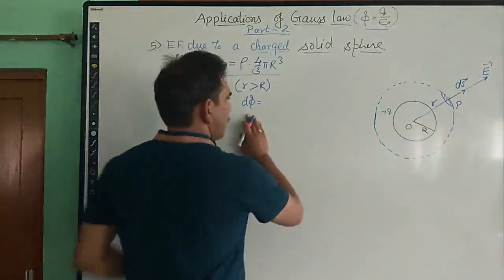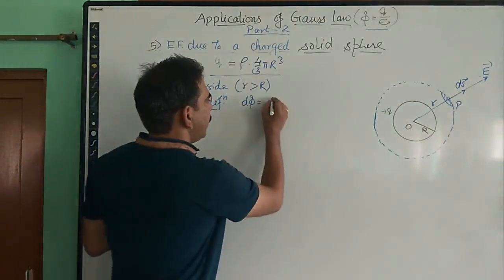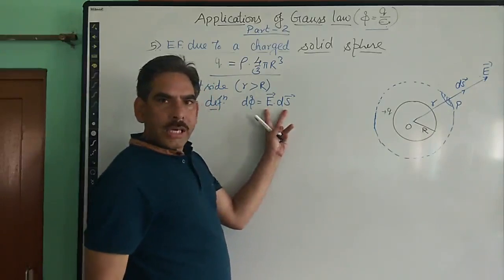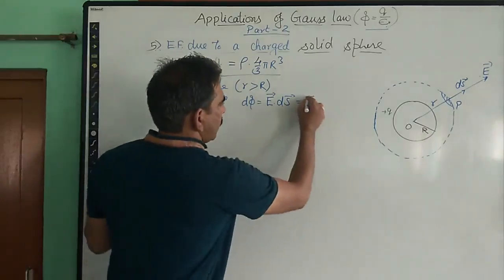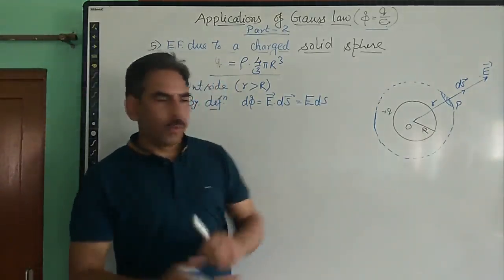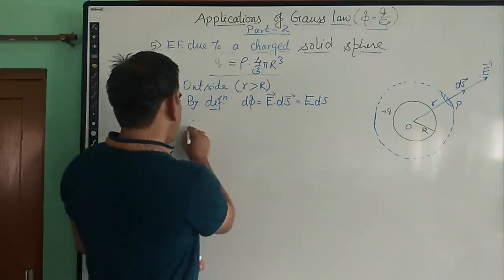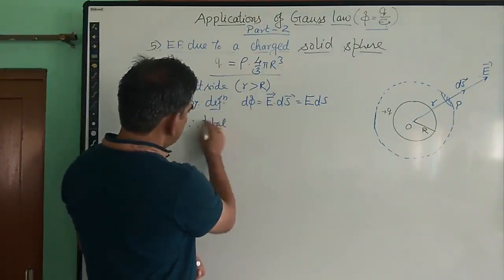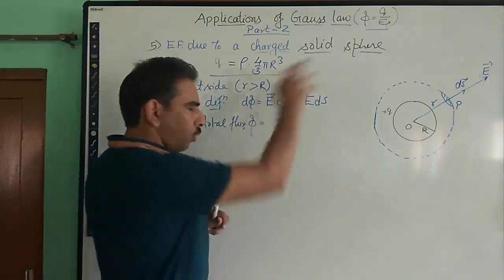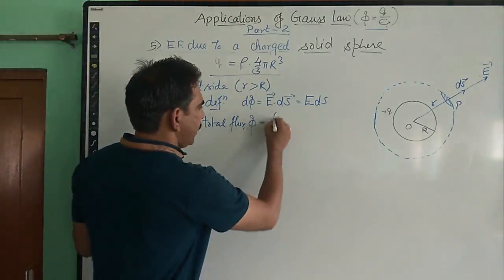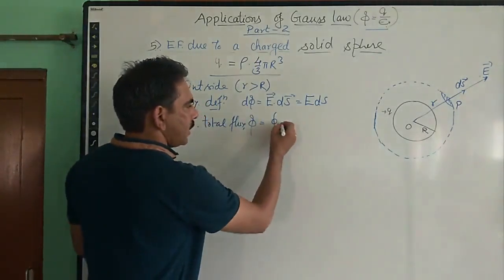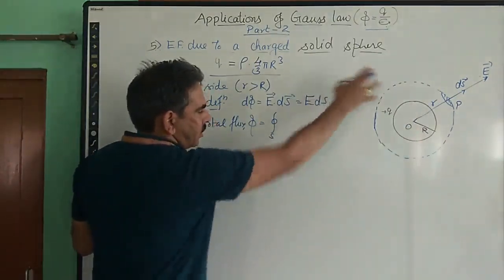So the small electric flux through this small area dS is given by E dot dS, and because again both are directed along the same direction, we get this expression as E dS. Cos theta remains 1 because the angle is 0, so cos 0 is 1. Therefore the total flux phi can be calculated through the whole surface by integrating these small electric fluxes over the closed surface S of this Gaussian surface.